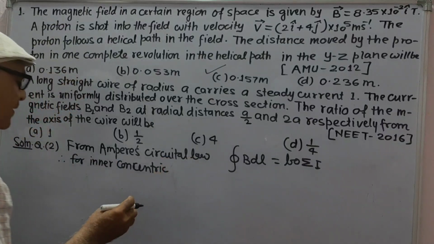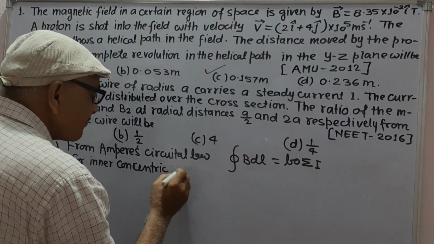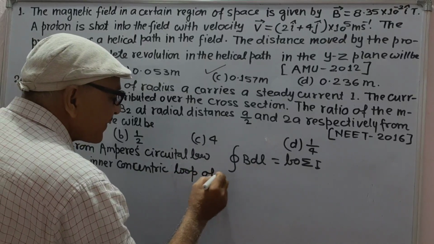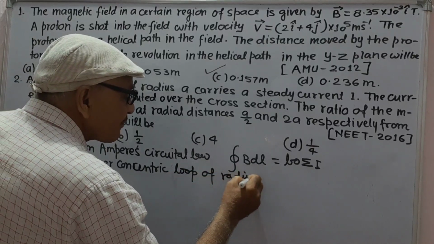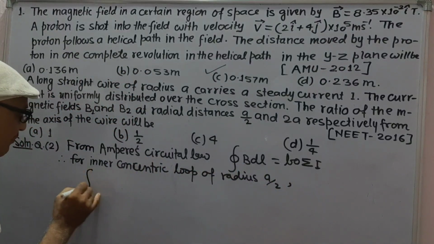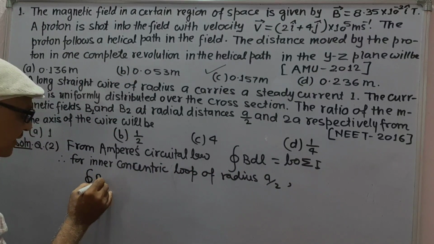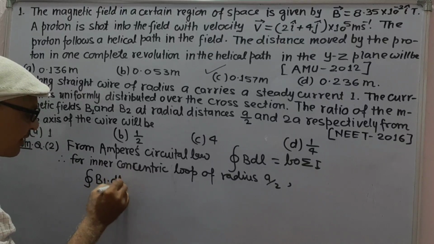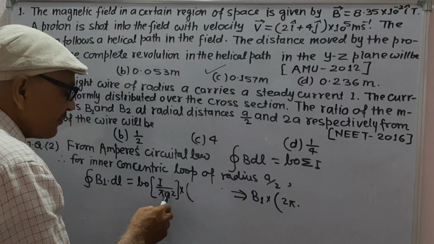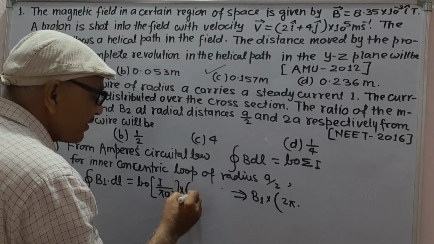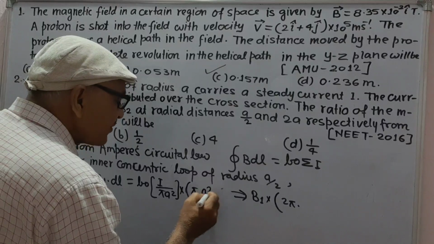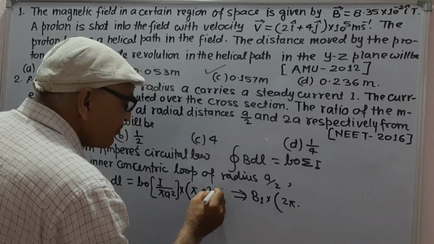So, for inner concentric loop of radius A by 2, line integral of B1 dl is mu naught I upon pi a square into pi a by 2 square, which means pi a square by 4.